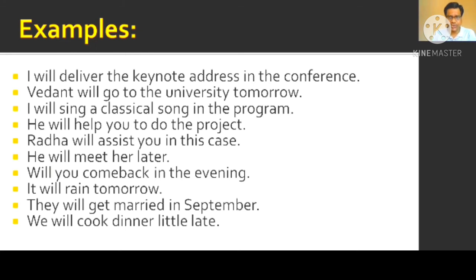Radha will assist you in this case. He will meet her later. Will you come back in the evening? It will rain tomorrow. They will get married in September. We will cook dinner a little late.